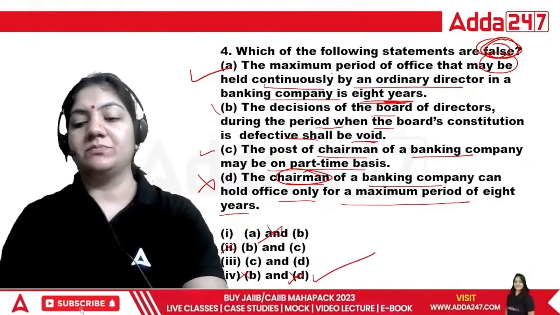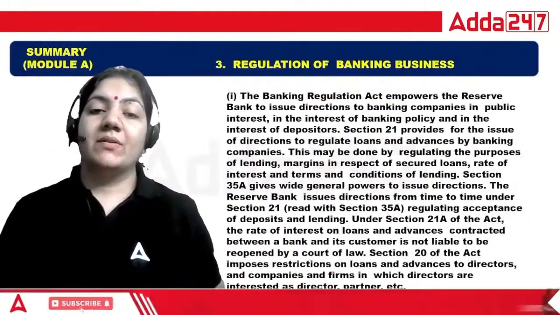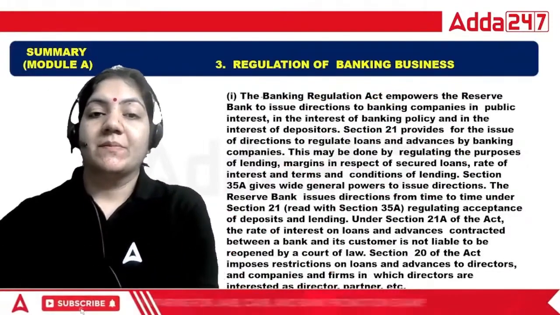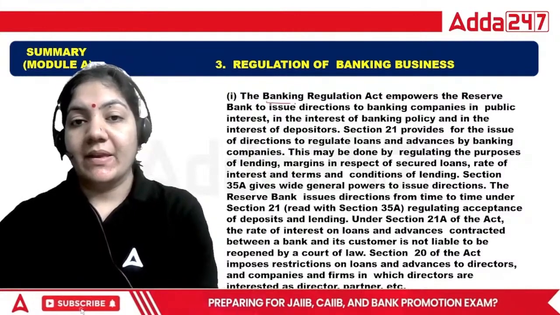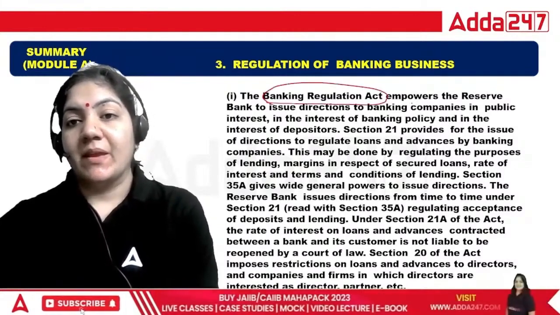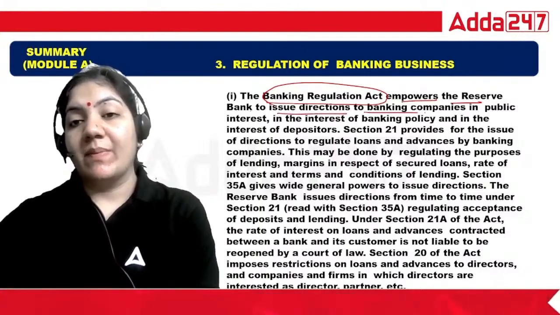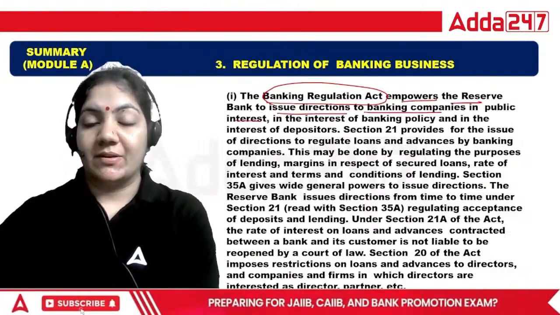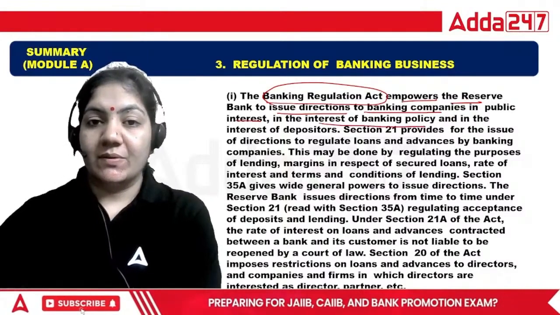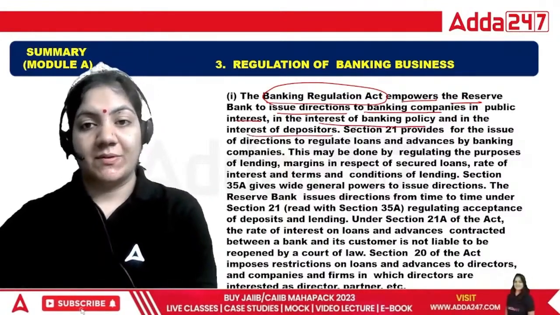Third, regulation of banking business. The Banking Regulation Act empowered the Reserve Bank to issue directions to banking companies in the public interest, in the interest of banking policy, and in the interest of depositors.